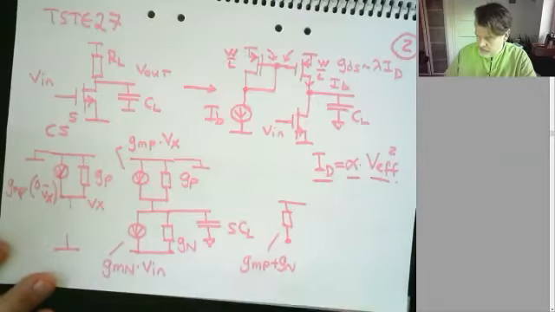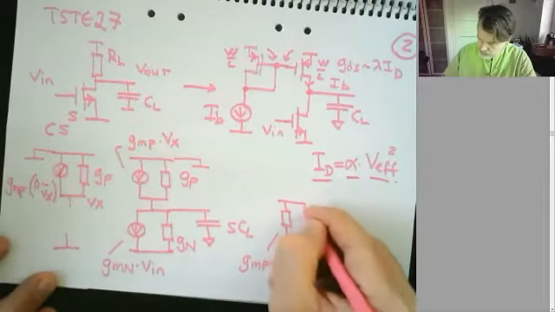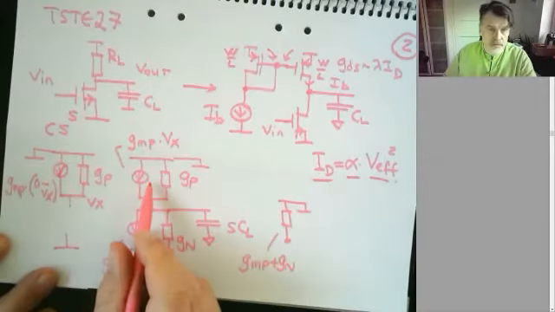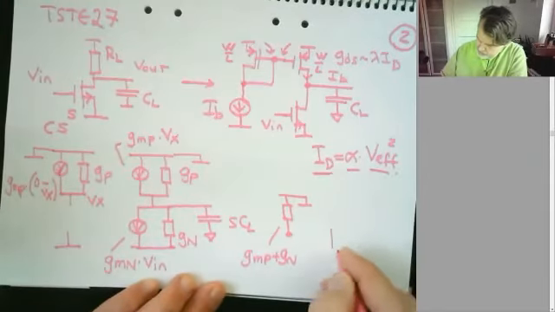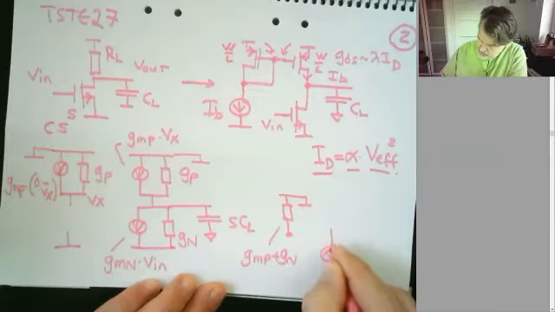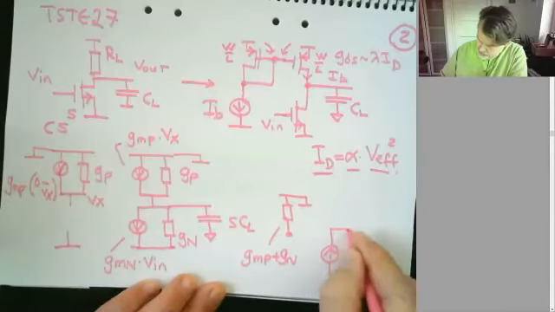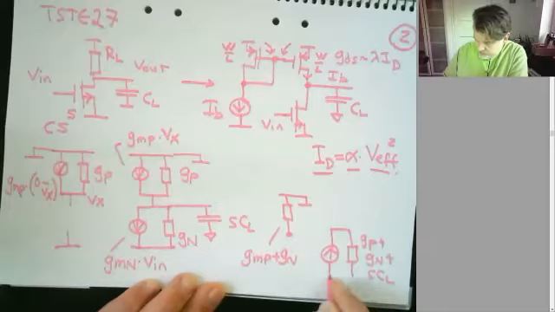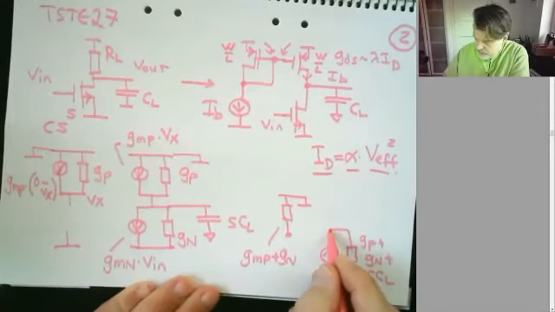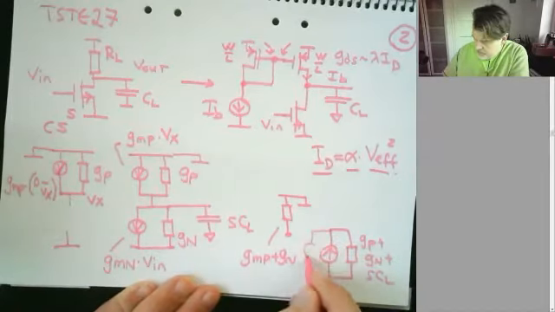And just floating in midair. This one we fall down, and we get GP plus GN plus sCL, like that. And we also have yet another current source from the top.